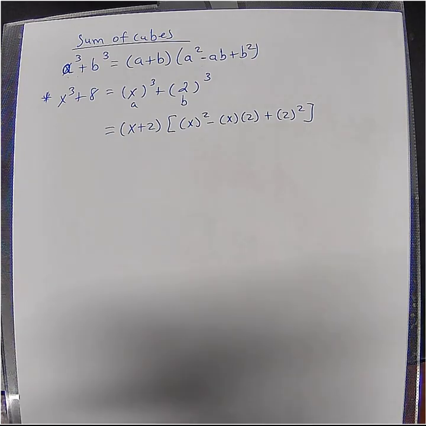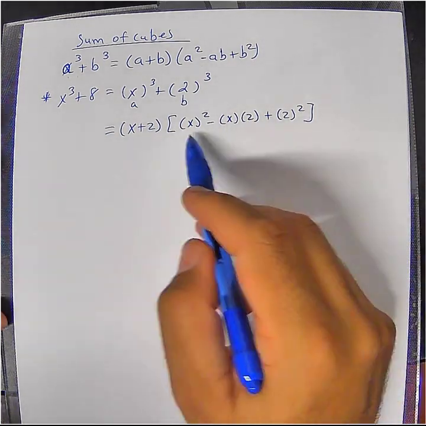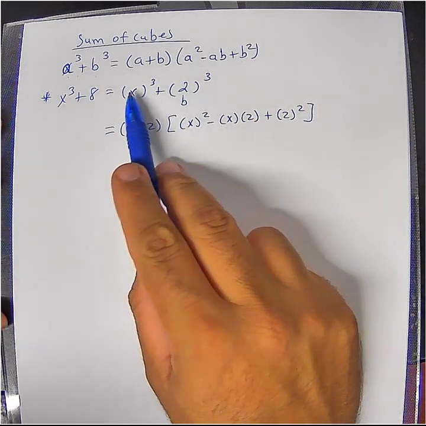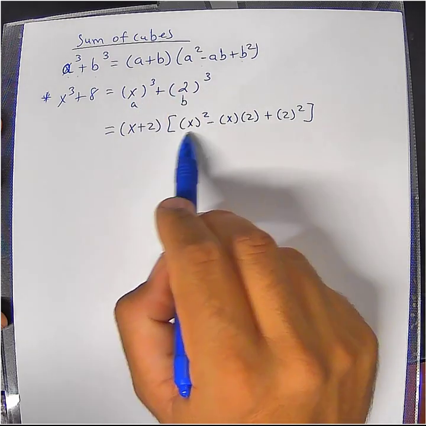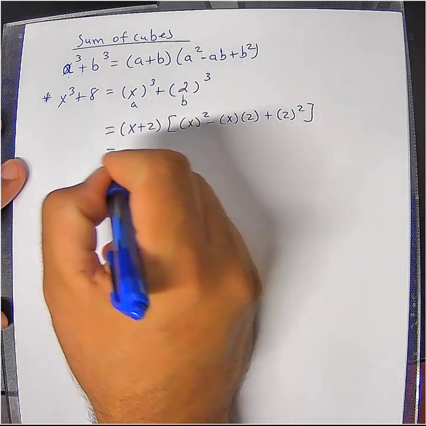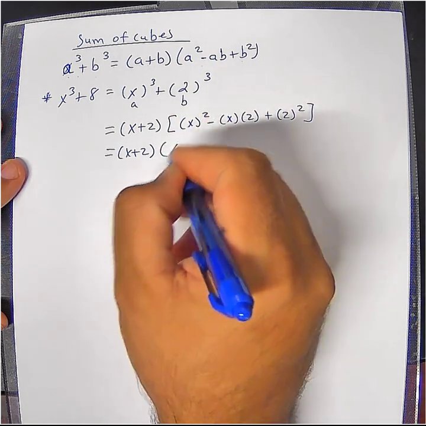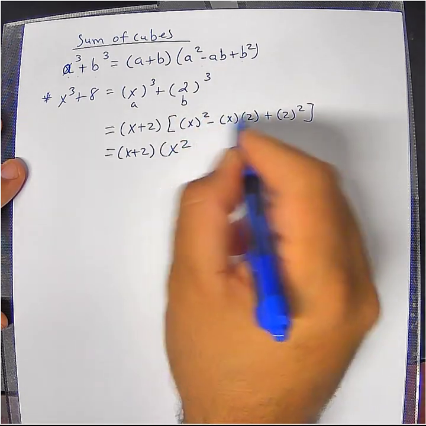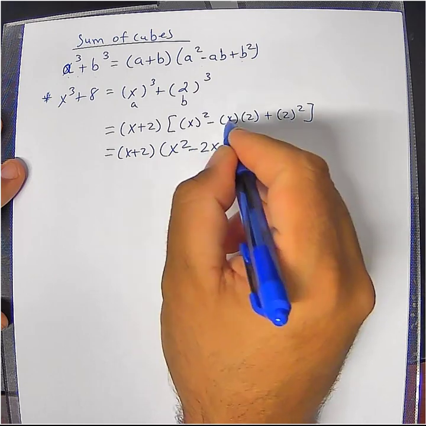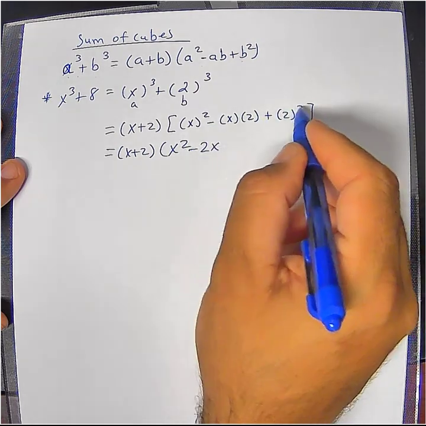Again, like I said today in class, I'm just doing this for your visual purposes. We should start doing these in our heads, but if you need to write them, write them. This becomes x squared, negative 2x here, when I multiply x times 2, there's a negative, and 2 squared is 4.